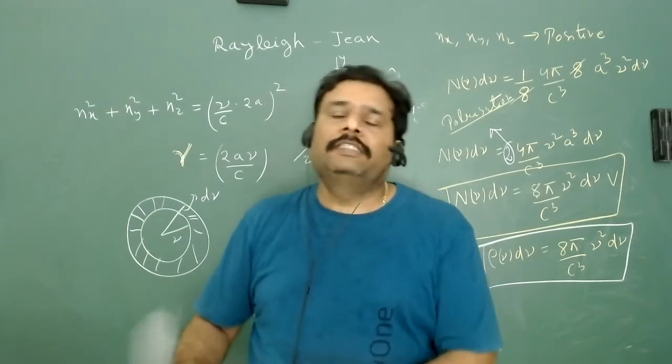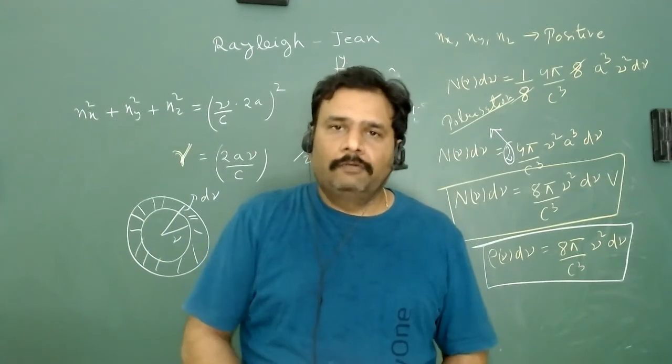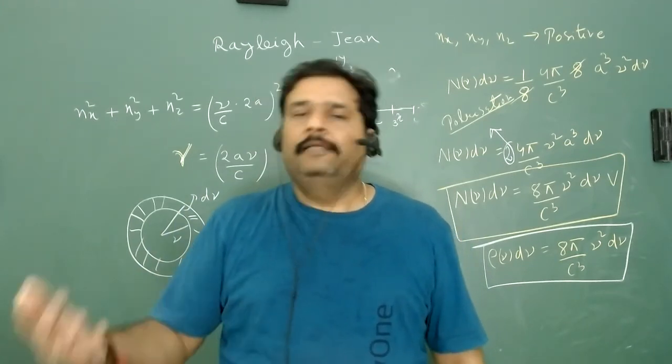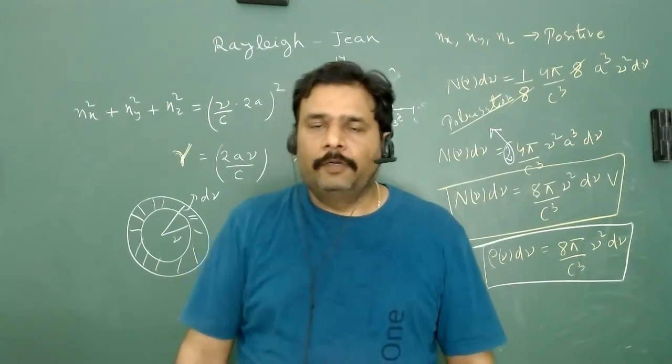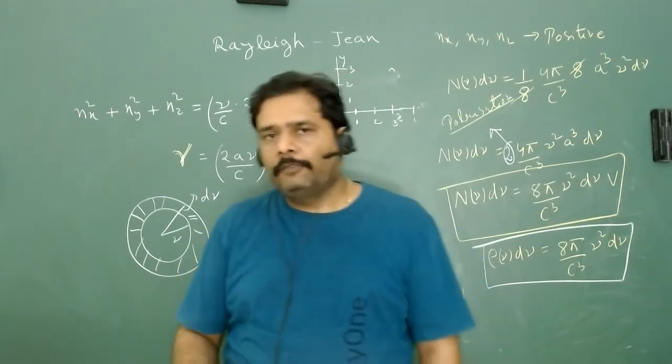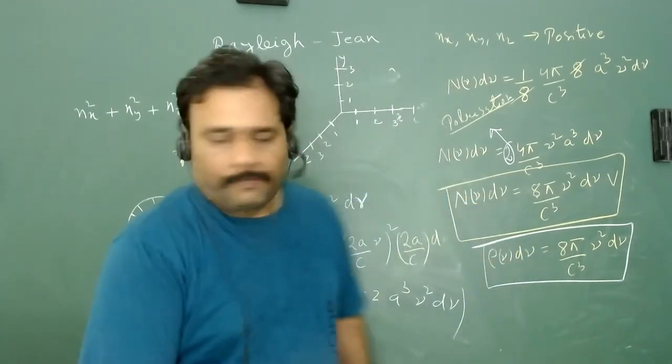And the next version is that they use this from the Maxwell Boltzmann relationship, and then they try to explain the nature of black body radiation. So that thing we will do in the next class. Next class I will start from here.